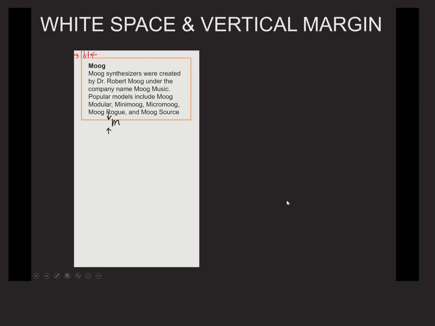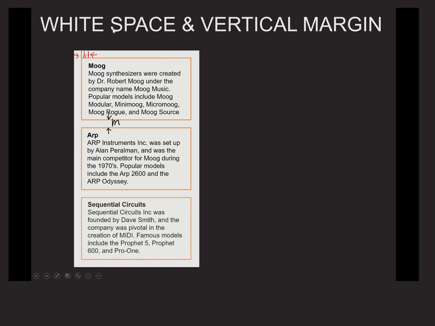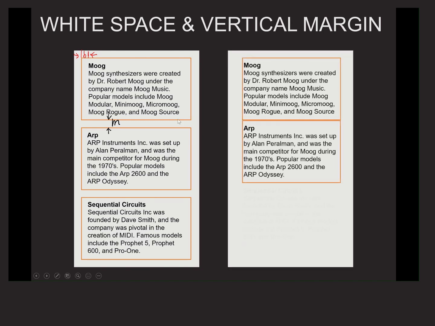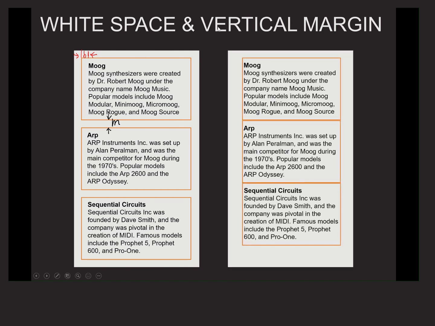So here we show with space and with the margin, and the padding means the space. Or without. So it's space and the vertical margin. This is with the space and the vertical margin.